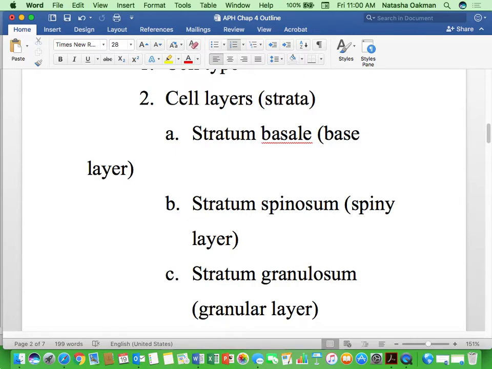Here, the cells are flattened. The organelles are starting to deteriorate, and they are becoming keratinized.